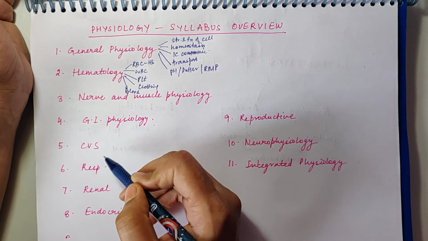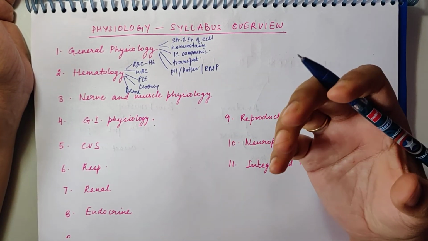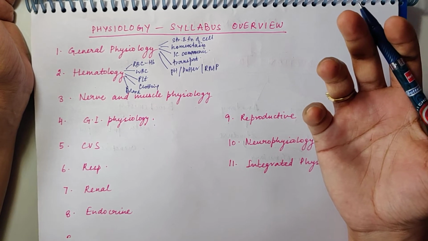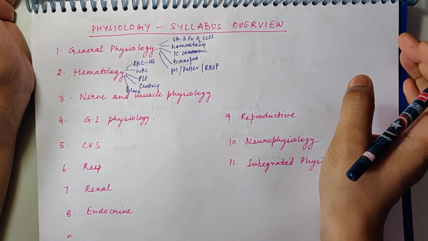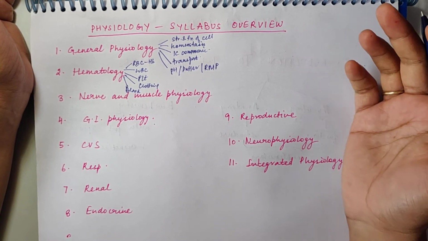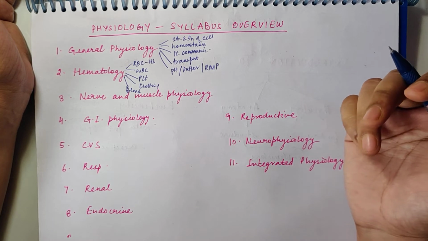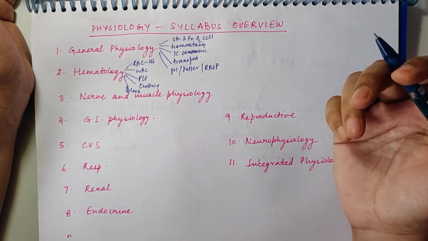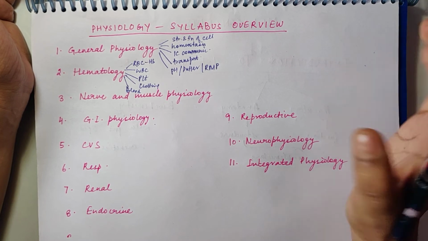Then the cardiovascular system, we'll talk about not just how the heart pumps your blood and how it is maintained in the vessels, but also the electrical activity, because your brain is not telling your heart to contract in a certain fashion. It is happening automatically. There is a pacemaker naturally in your heart.